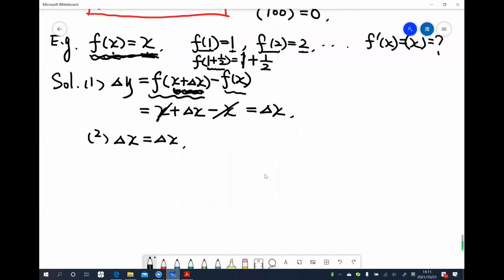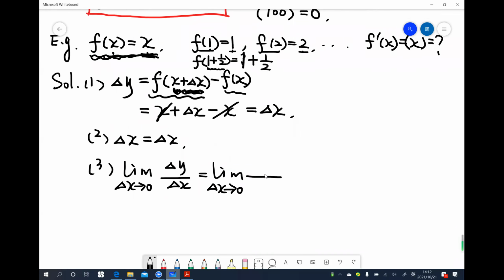So here we will calculate the limit as delta x approaches 0 of delta y by delta x. That equals the limit as delta x approaches 0 of, as we know here, delta y equals delta x, right? So we put delta x here, and delta x, that is still delta x.